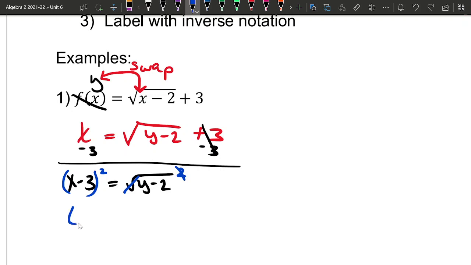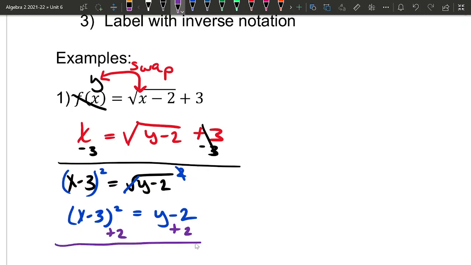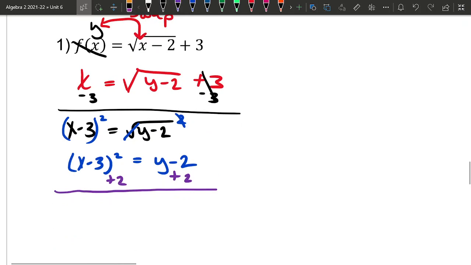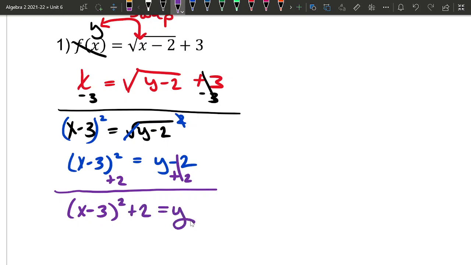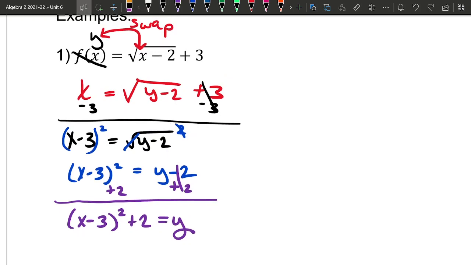So now I have x minus 3 squared equals y minus 2. And then the last step is to add the 2. So x minus 3 squared plus 2 equals y. But I can't call it y because I already said that this at the very top was y. I can't call two things y.